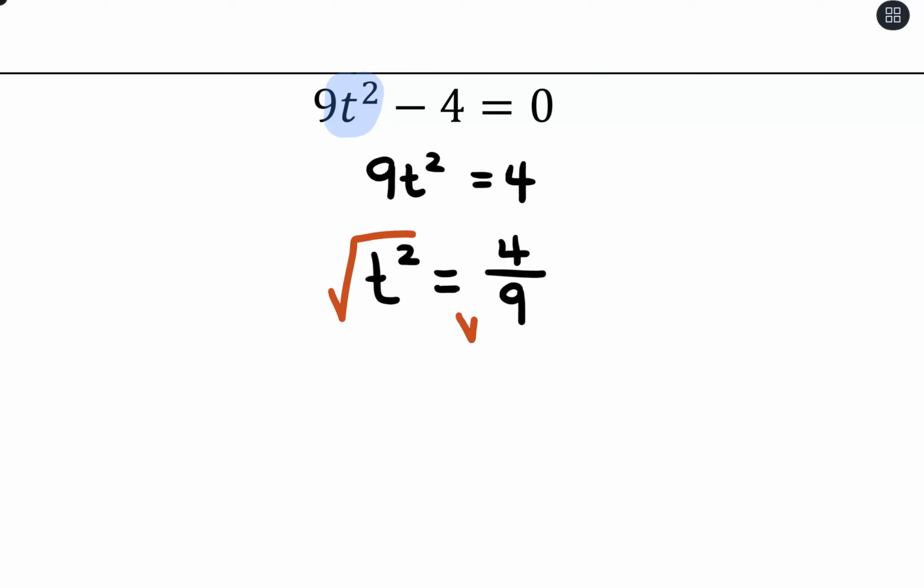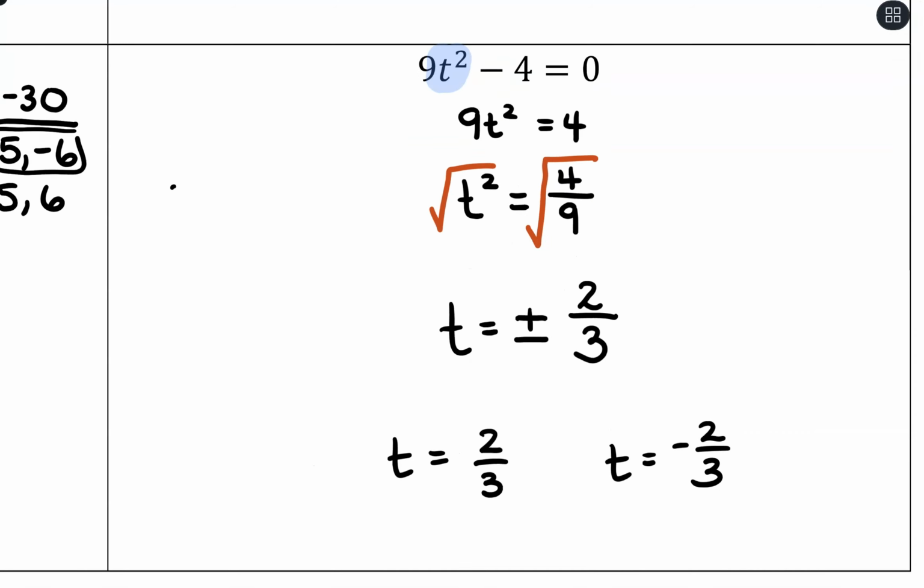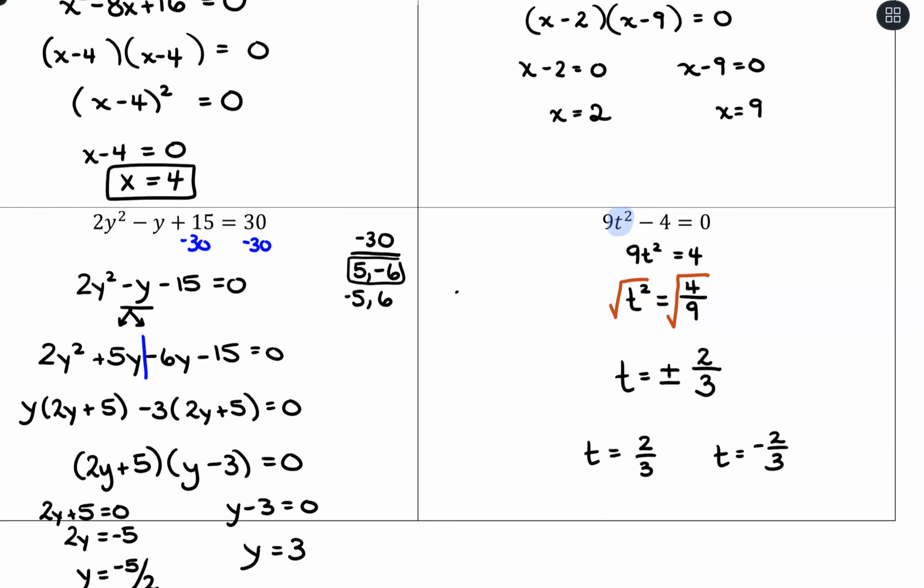Then I can take the square root nicely, and we'll have t equals, don't forget the plus or minus, and then that square root will be 2/3. And we could leave it like that, or if you want to split it up as positive 2/3, negative 2/3, that works as well. So there is our square root property and zero product property so that we can solve either through factoring or the square root method.